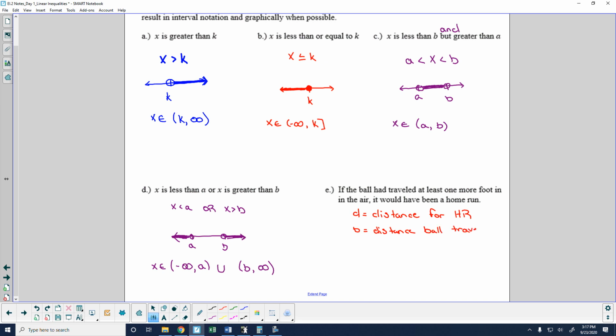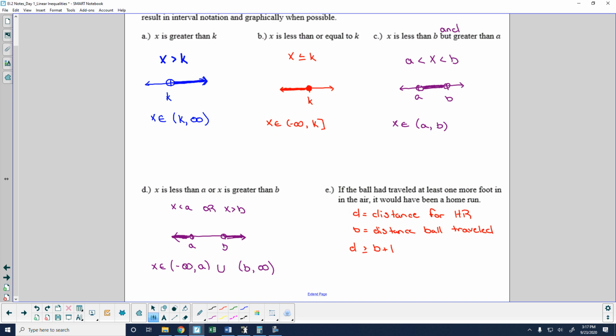Then if D is the distance needed for a home run, D would be greater than or equal to B plus 1. So what we would need is the ball, how far it went, to go one more foot further, or if it went 2 or 3 or 4 feet further, then it would be a home run.